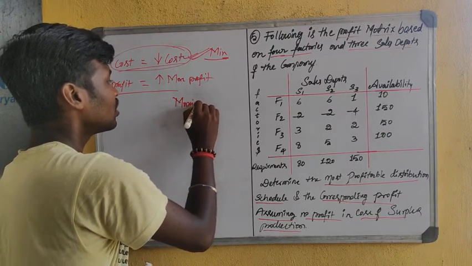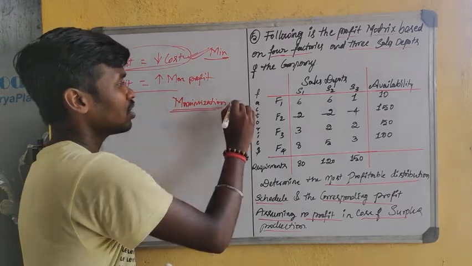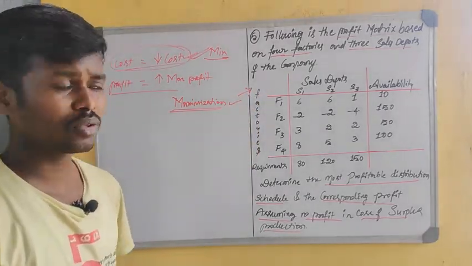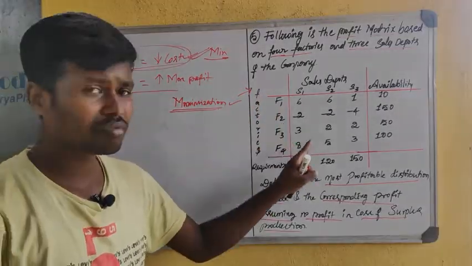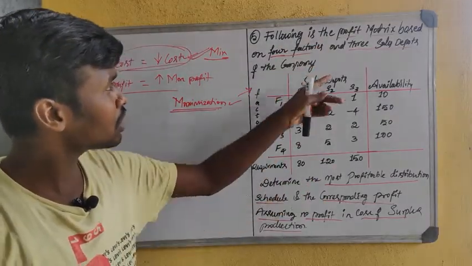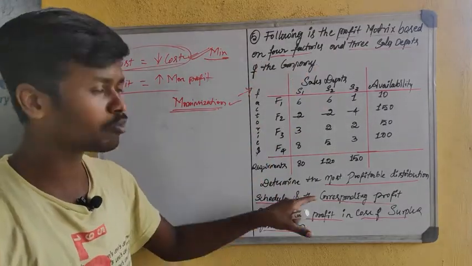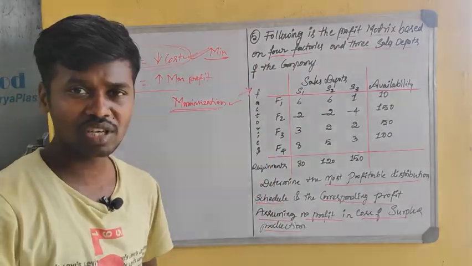Because profit information is given in the problem, this problem will be called a maximization problem. If there is cost information, then definitely it is a minimization problem. In the problem itself they have specified the profit information, so that's why this will be called a maximization problem.